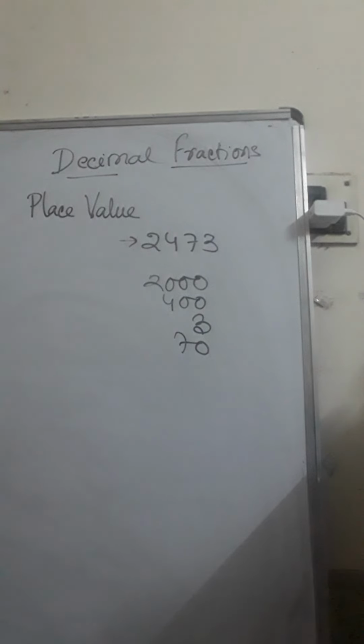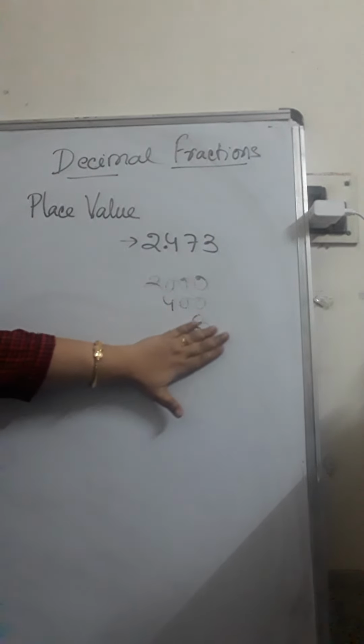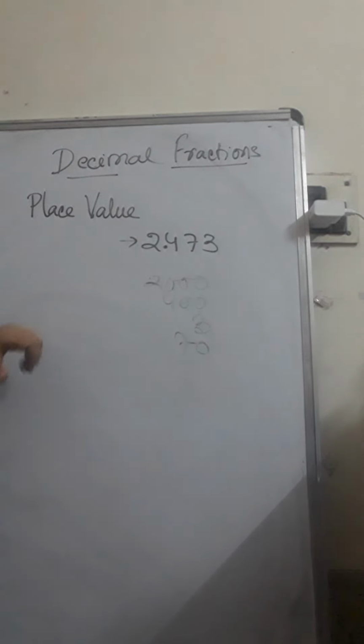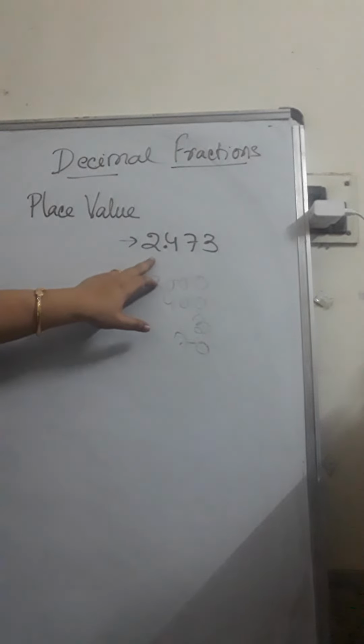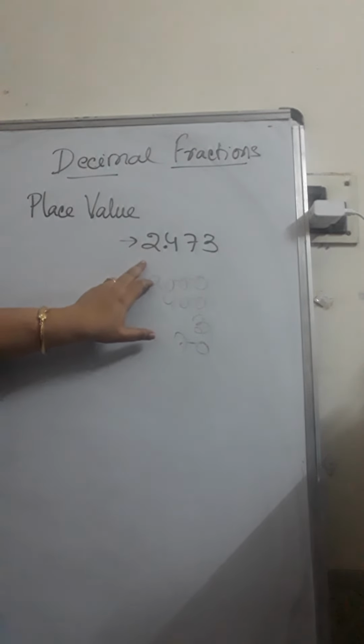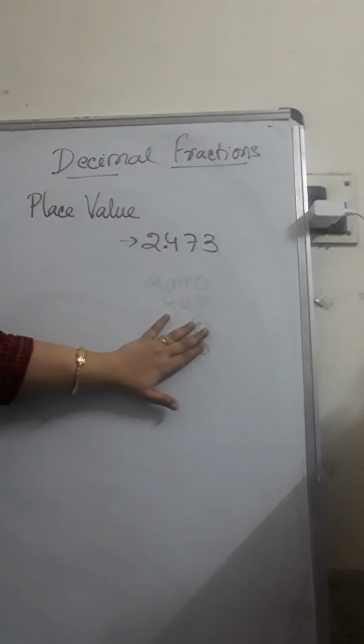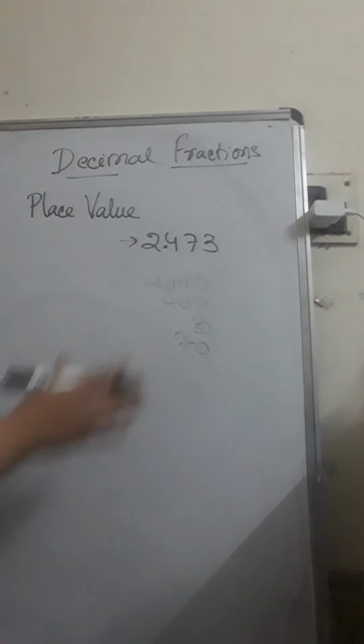Now, if it is a decimal number, what happens? Suppose instead of 2473, the number becomes 2.473. Then the place value no longer remains the same. The place value changes. And how does it change? The 2 before the decimal point is the whole number part of the number.